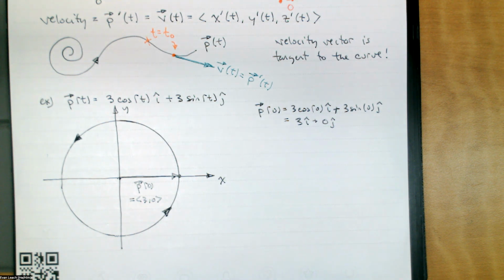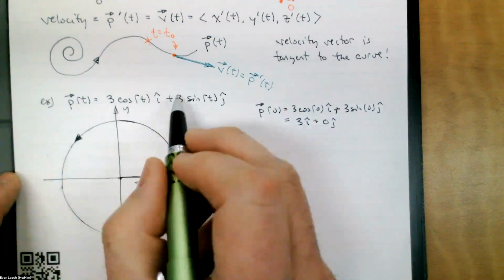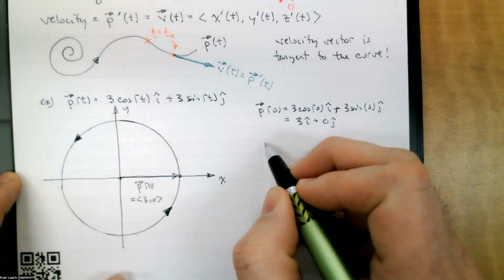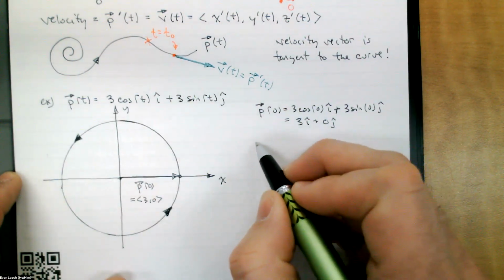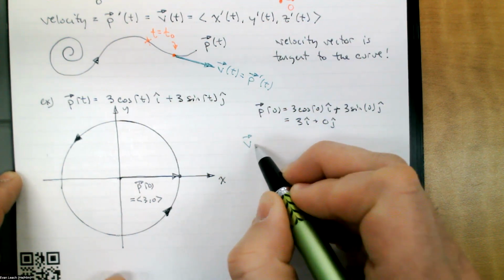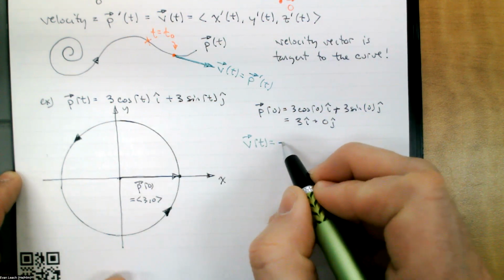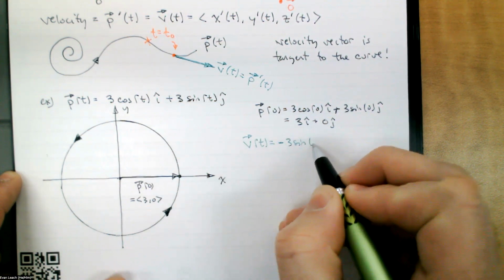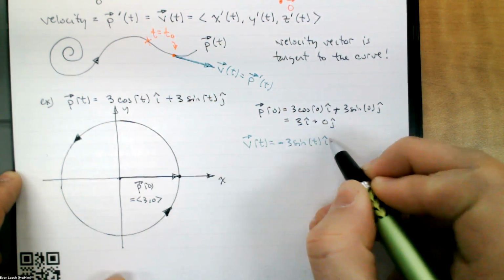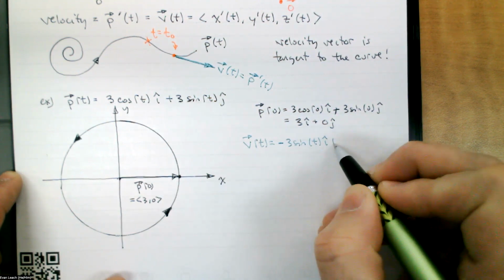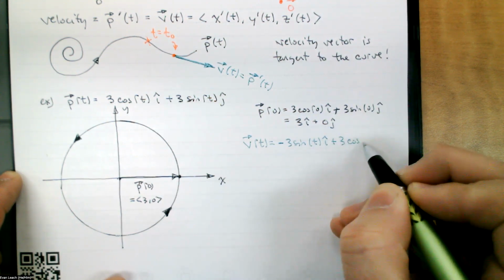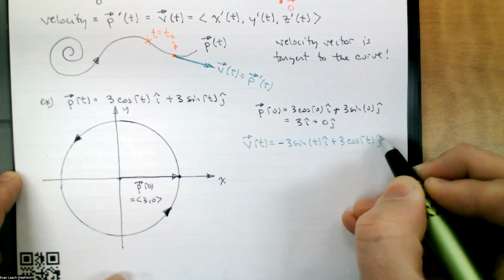If we look at the velocity at this point, I just find the derivative of each of the parameterized equations. So v of t, the derivative of cosine is negative sine, so negative 3 sine of t i, and the derivative of sine is cosine, so plus 3 cosine of t times j.